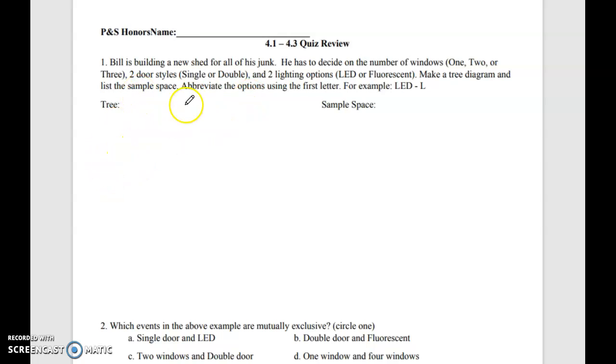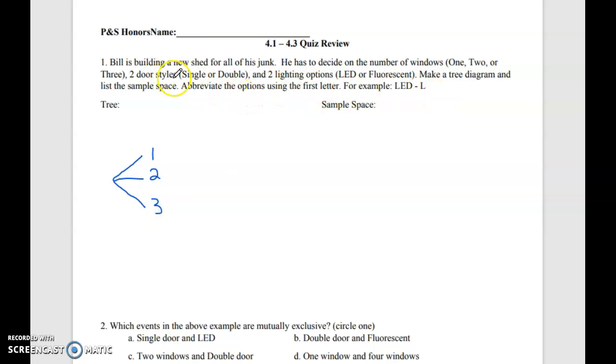So on my tree, my first branches are going to be based on the number of windows. So I'm going to branch off. So he could build a shed with 1, 2, or 3 windows. Let me just use the numbers here actually. 1 window, 2 windows, or 3 windows.